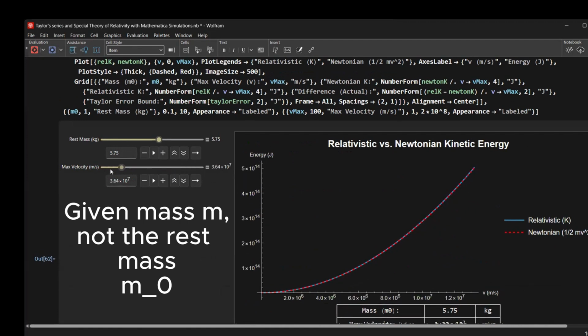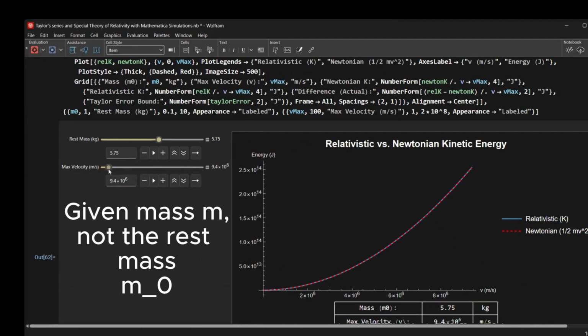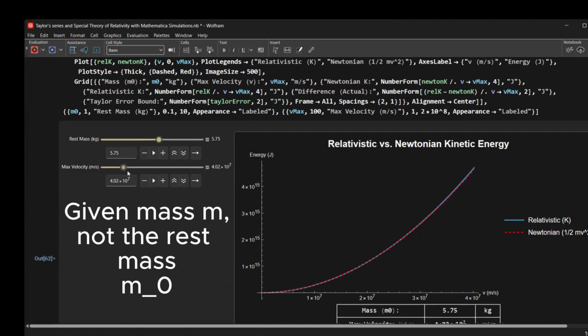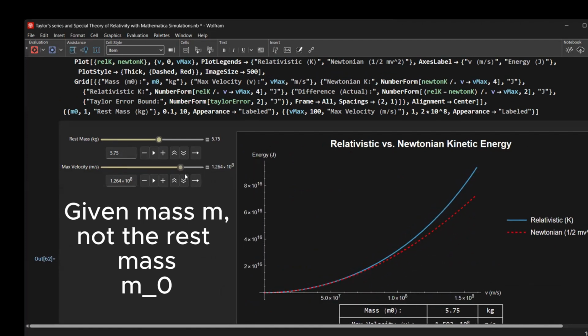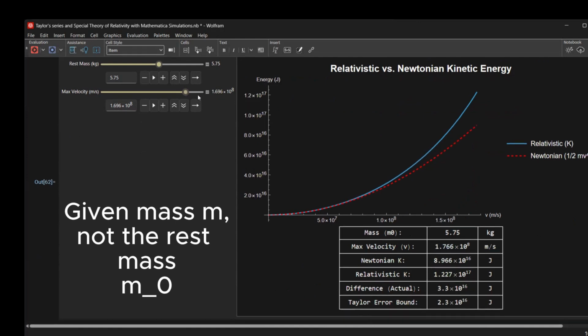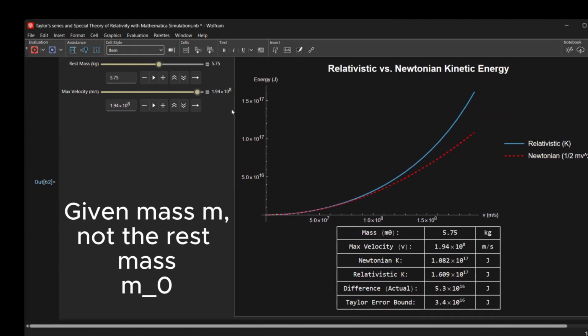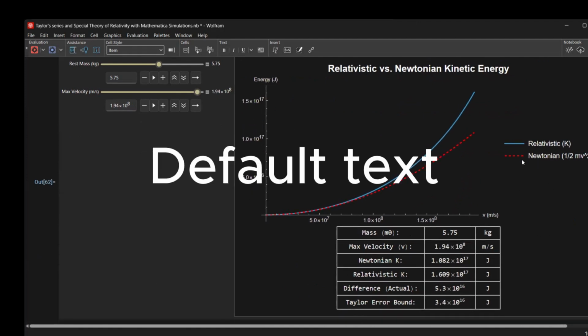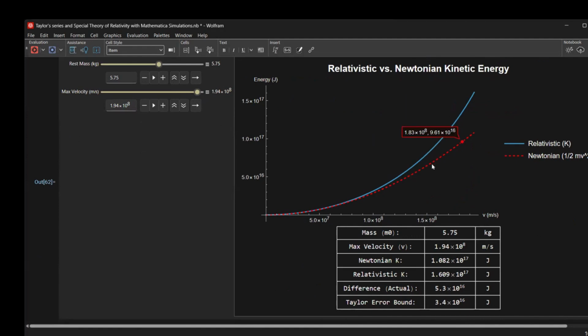If we increase the speed here, the Newtonian kinetic energy deviates from the relativistic kinetic energy. So we have the deviation here. The Newtonian is colored red, and the relativistic is colored blue.